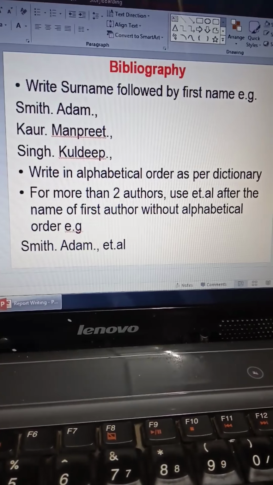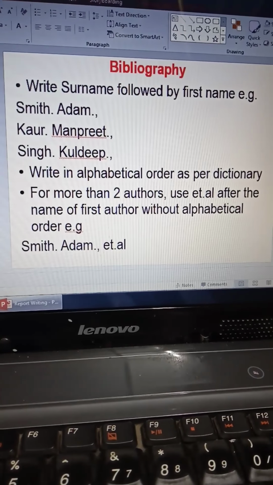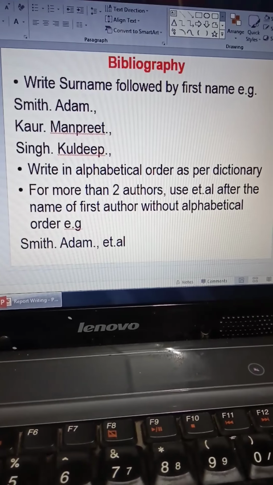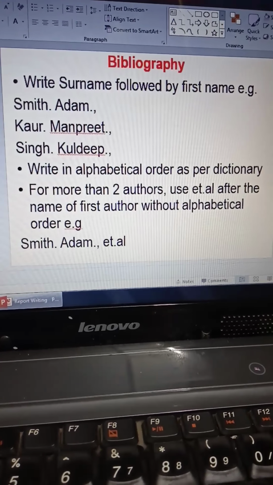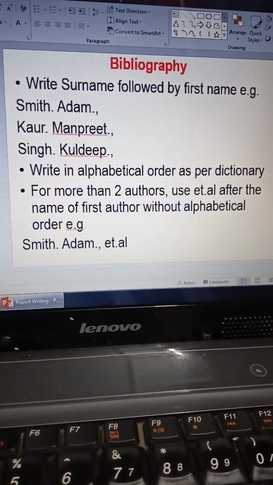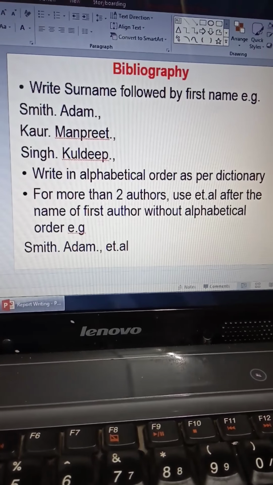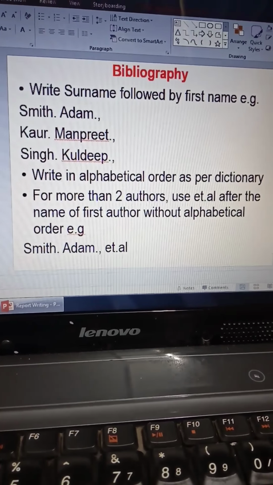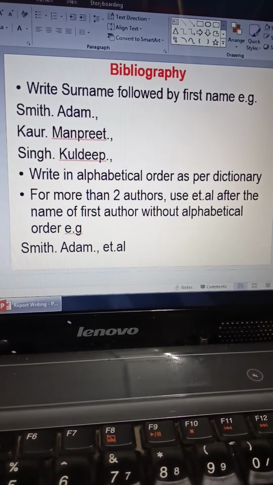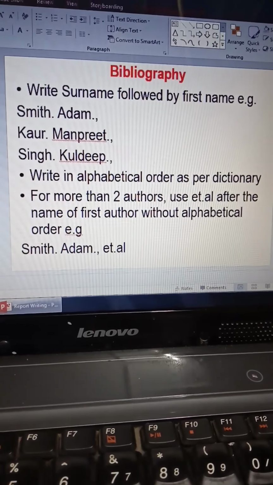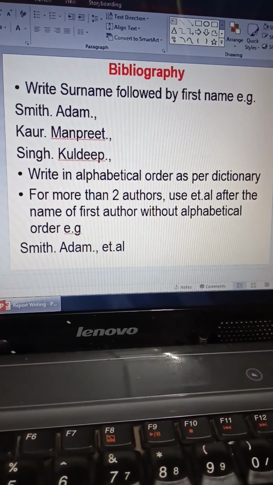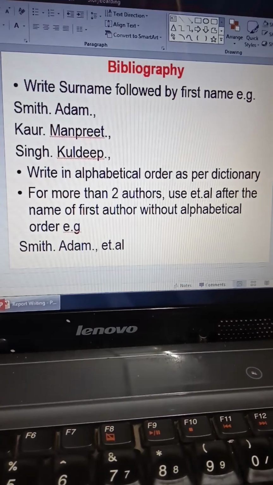What does it mean? It means that Smith Adam or Adam Smith is the first author, and the rest of the authors are the second author and the third author. So the name of the first author needs to be mentioned, not the names of the other authors. Therefore, if supposing Kuldeep Singh is the first author, then his name will start as Singh, Kuldeep, full stop, comma, and then et al.